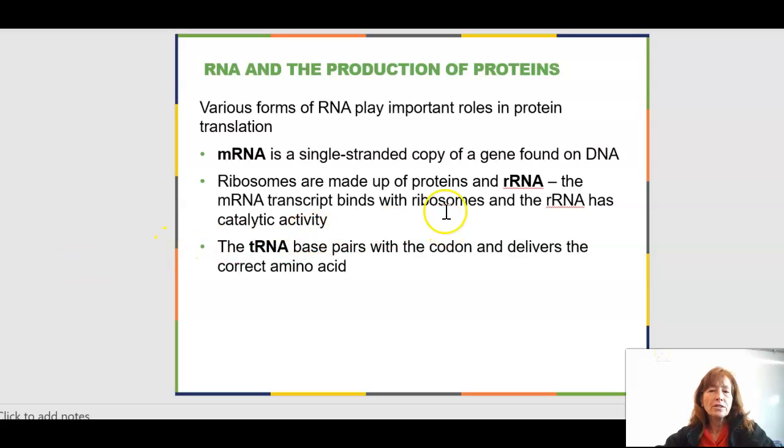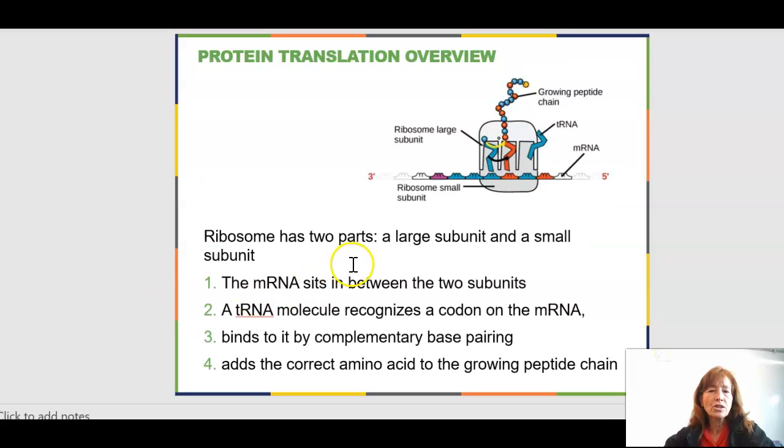We spent a little bit of time already talking about mRNA and rRNA and tRNA, so I'm going to leave this slide to go on to this one, just to show you the assembly line that happens on the ribosome. The ribosome is actually 2 little structures, called subunits, and here is where the mRNA would run through.